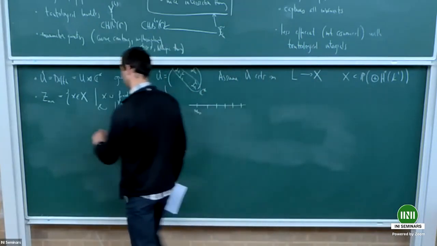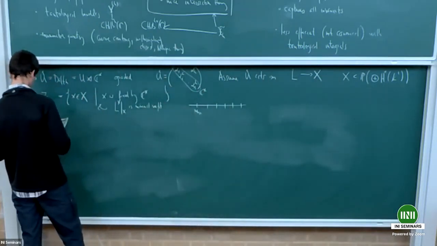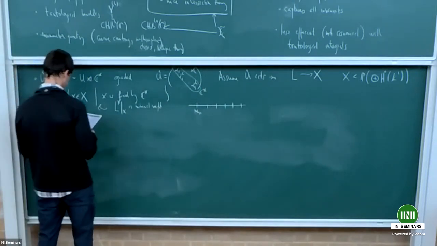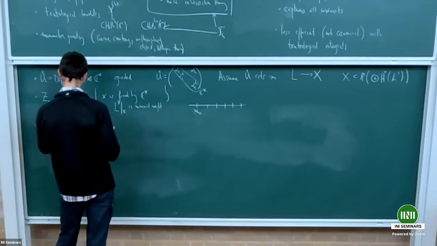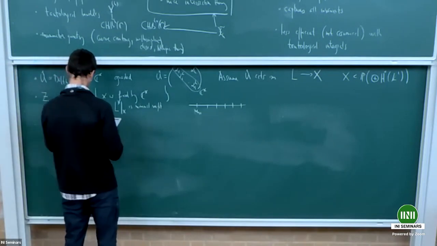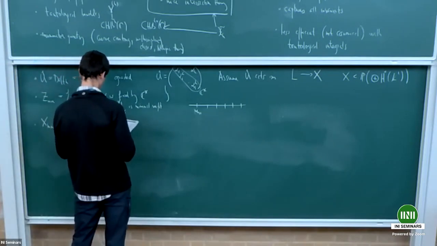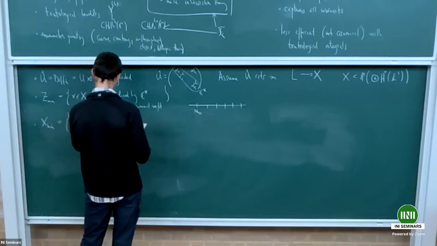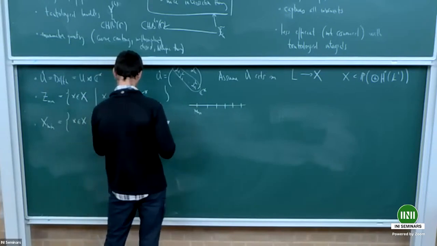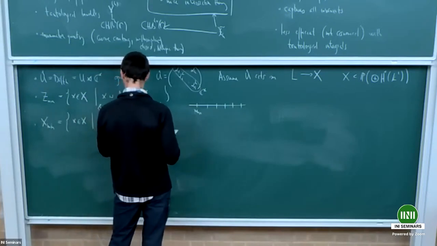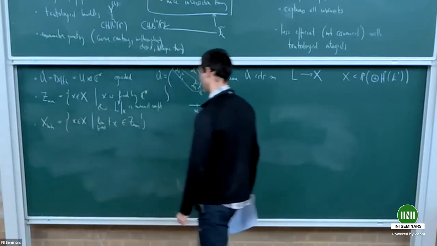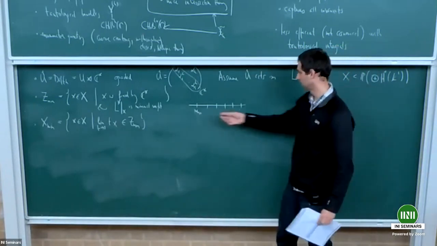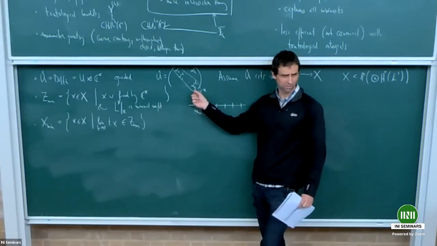Then we define this X min, the Bialynicki-Birula stratum, which is those points in X where the limit as t tends to 0 of t times x sits in Z min. In other words, those points in X where at least one of the coordinates corresponding to Z min is non-zero.